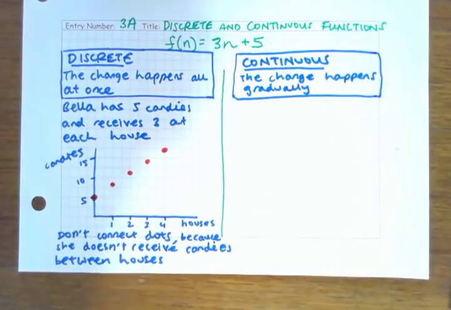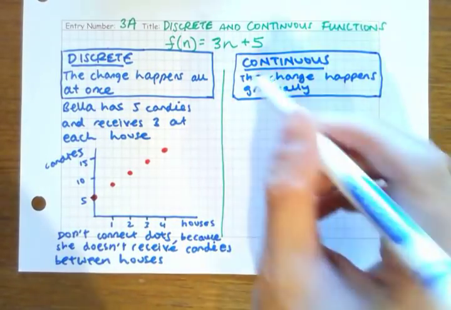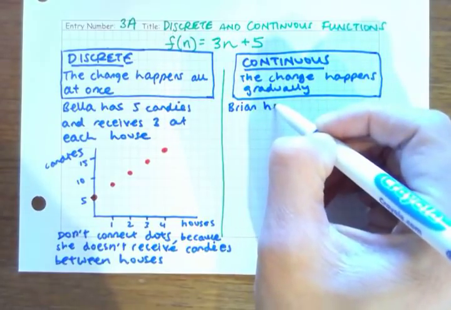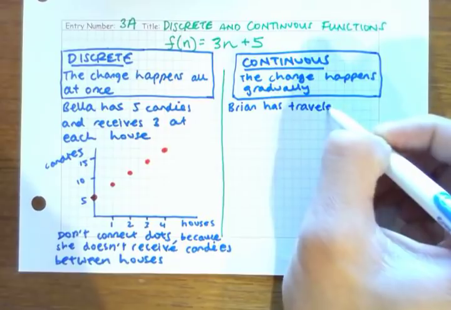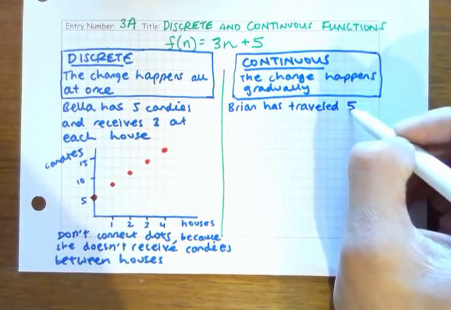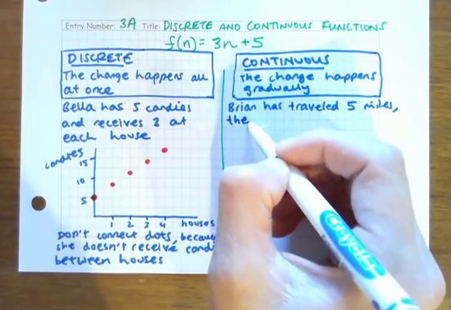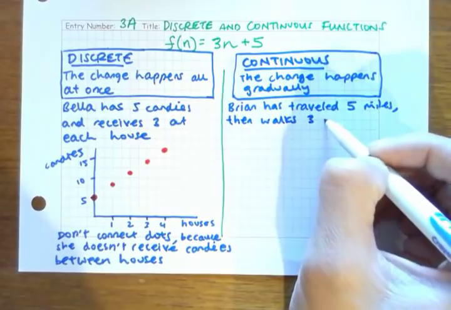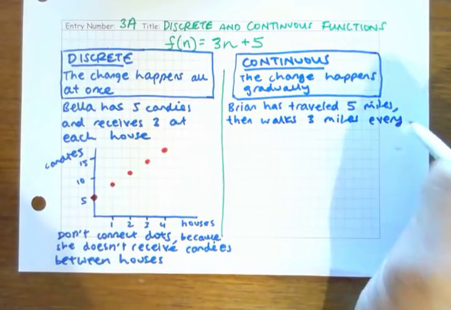And a situation for this function that can be continuous is Brian has traveled 5 miles, then walks 3 miles every hour.